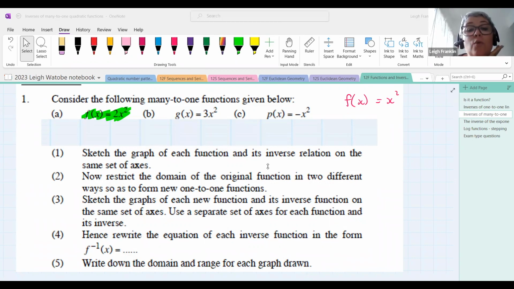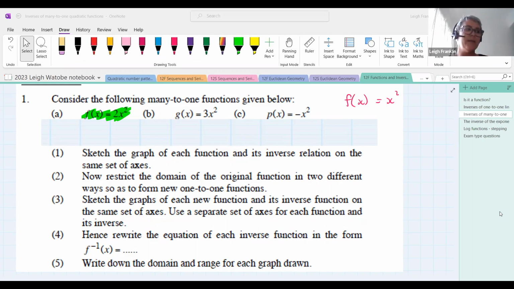Yes, so gradient, Teddy, you're quite right. It makes a difference to the gradient of the arms, but it does not shift the function. If we want to move the function up or down, then we have to either add or subtract. So if I've got x squared plus 4, then I've kept the shape of the parabola, but I've moved it up 4 units.